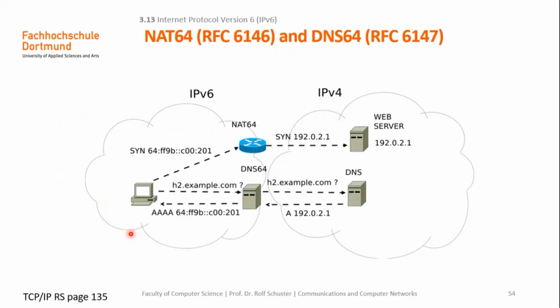In order to illustrate some example of those strategies, here we are. This is a typical IP version 4 network with some old web server, for instance, that are only IP version 4 hosts.